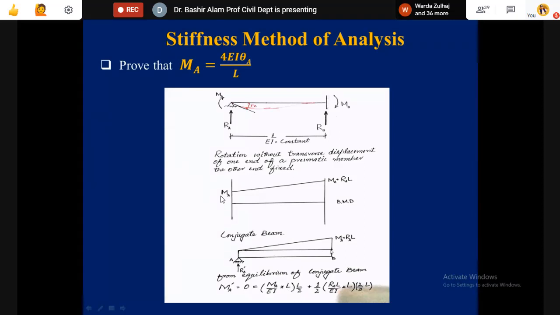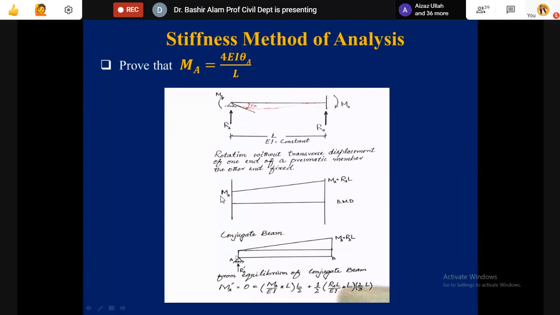Now let's do the same exercise for this triangle. The resultant of this triangle will be half times, now this distance above this is RAL, so half times RAL divided by EI times L. This will be the area of this triangle, and it is the resultant.